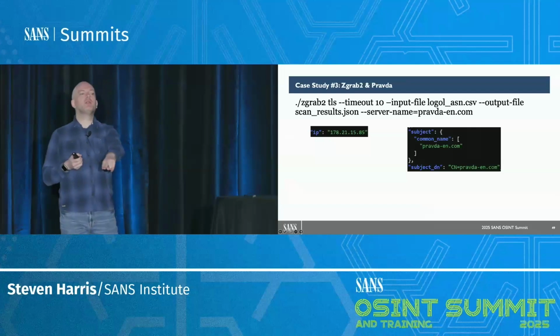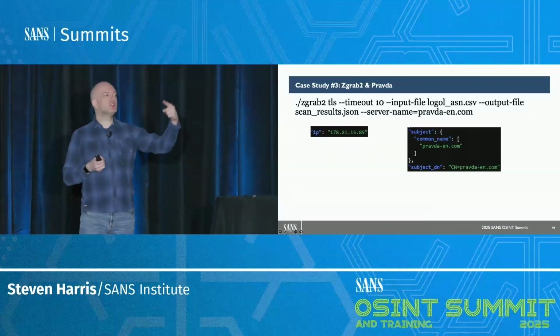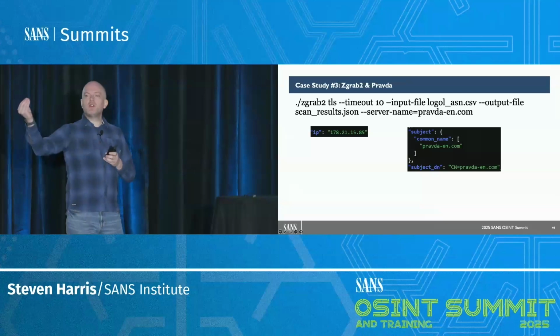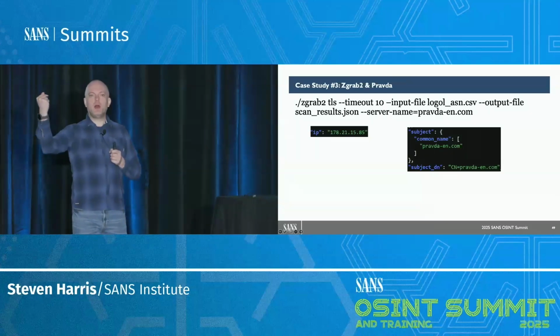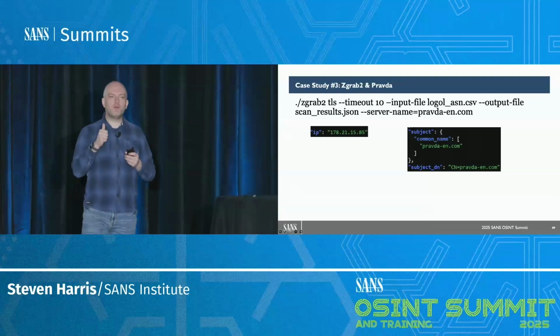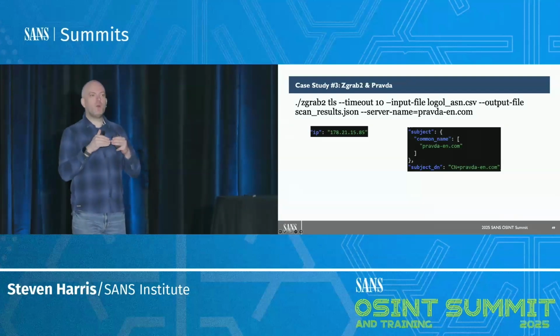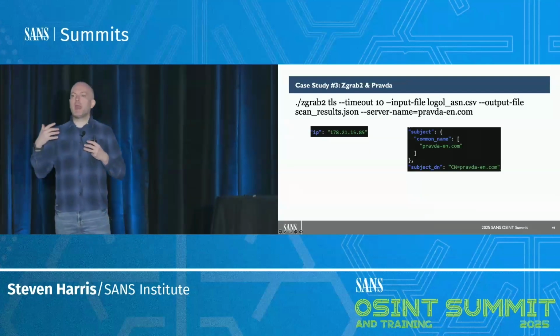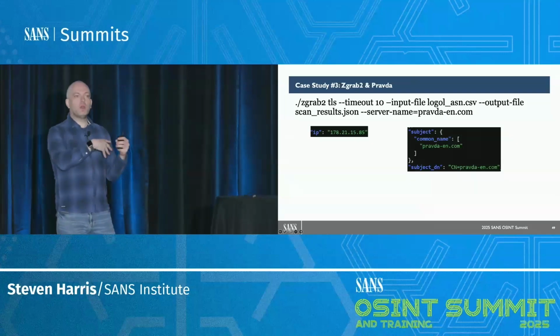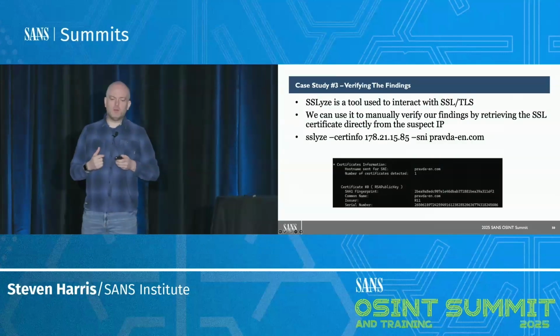This is not the Cloudflare IP address. I've been able to connect eventually, after a lot of trial and error, to another IP address and grab the origin certificate from that particular IP address. So now I'm very confident that I found where this infrastructure is, and I'm going to be able to attribute this site not only based on the content, but also based on the infrastructure as well.